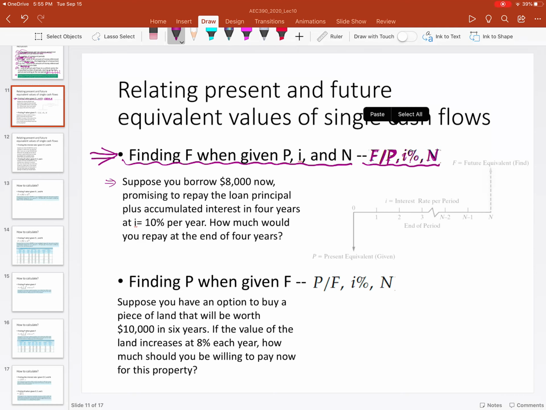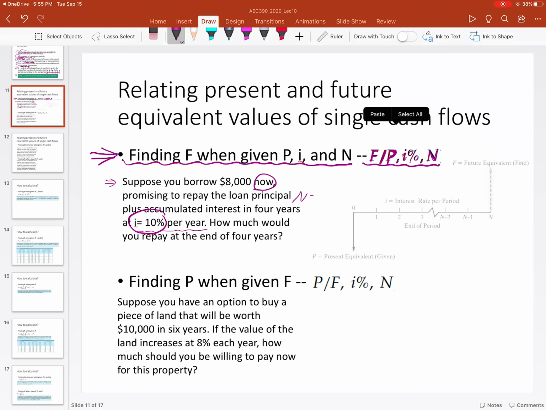Okay, now let's take a look at a real case. So what is under this scenario? Suppose you borrow 8,000 now. That's a present value, and you promise to repay the loan principal plus accumulated interest in 4 years. The interest will be calculated every year.